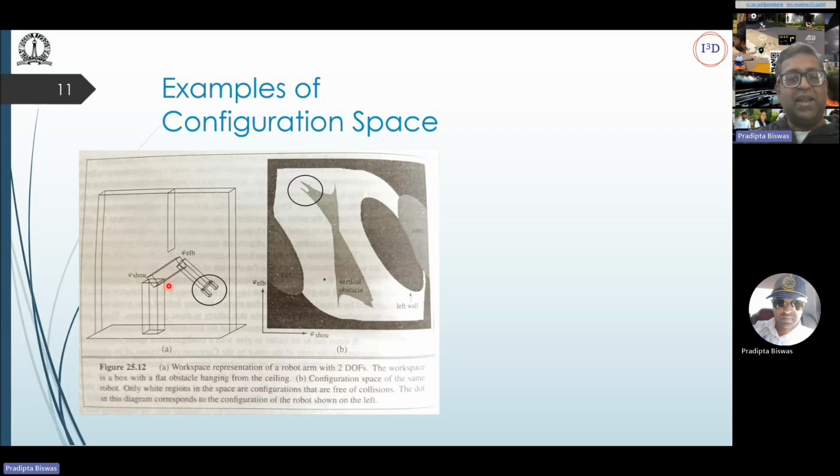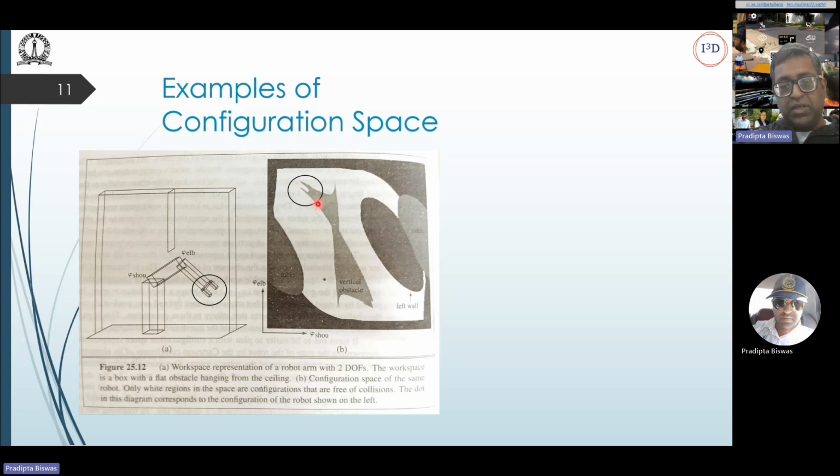Since there are two joints, we represent it in a two-dimensional plane. But there is also an obstacle here, which makes it impossible to move the end effector to certain positions. And this gripper structure has been exactly reproduced here.